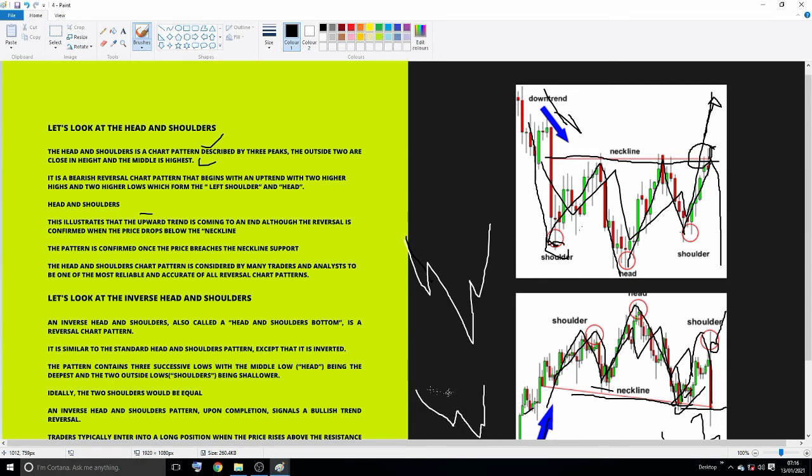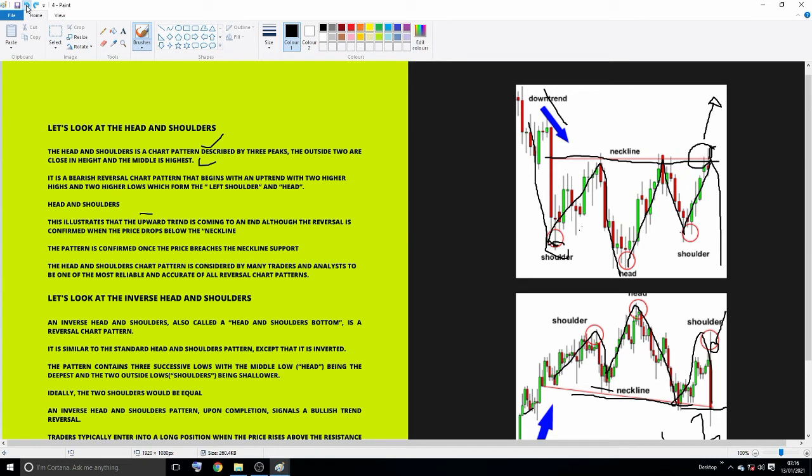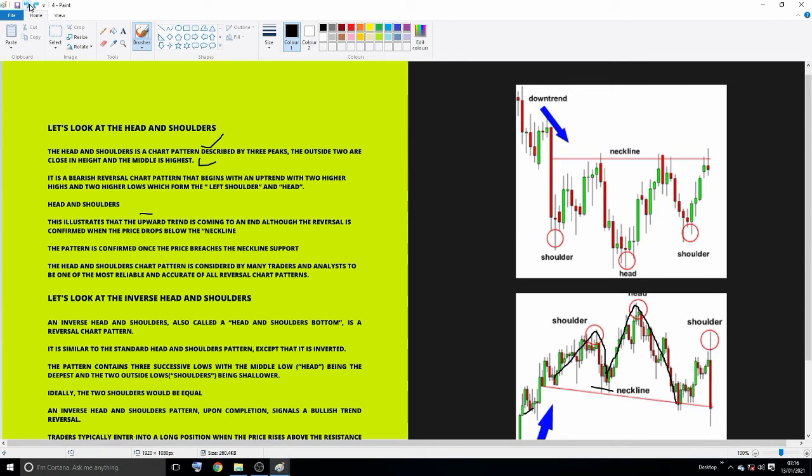You need to train your eye because this pattern doesn't always come as clean as the example that I just gave you. You need to train your eye to learn how to see these patterns, to be able to understand this pattern, and with time you can master this pattern, as long as you understand that good things take time, because you cannot just learn about it today and then go to the chart and start applying it and think that you will make money.